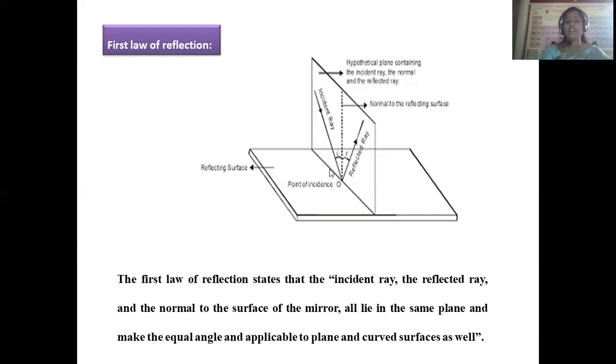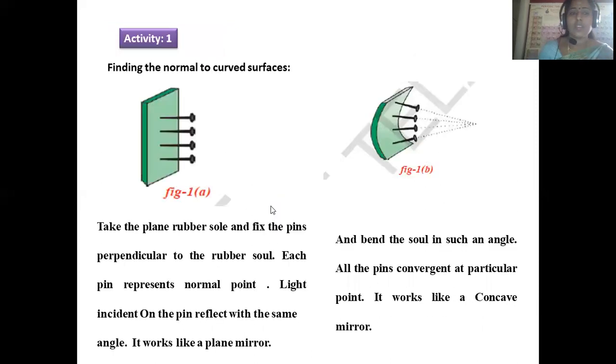The incident ray and reflected ray create equal or identical angles with respect to the hypothetical normal, right? So incident light is nothing but light originating from the source. Reflected light is nothing but light coming after bouncing from the surface. Whether it may be a plane surface or curved surface, in both cases, the angle generated will be identical. That is known as the first law of reflection.